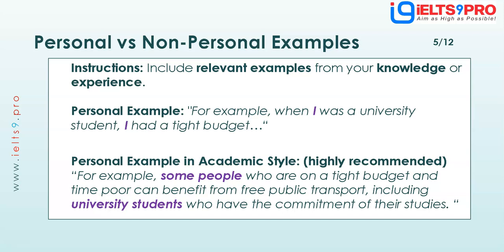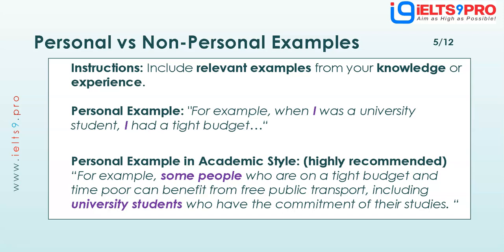Every essay, that's what it says. If you're just reading essay titles from the internet, you might miss this, but if you open the Cambridge books, every writing task says the same. So personal examples can be used. Depends on the topic, of course.